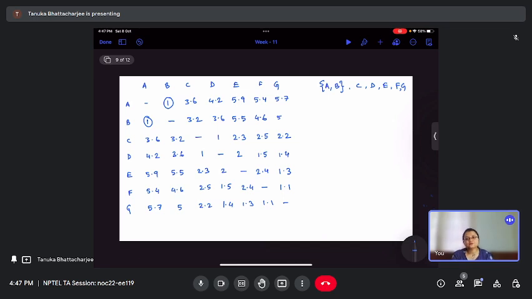So you will now have to form a new distance matrix where AB will be treated as a single cluster. So let us do that. I will try to do it here only. So AB is together, I am writing it as AB.